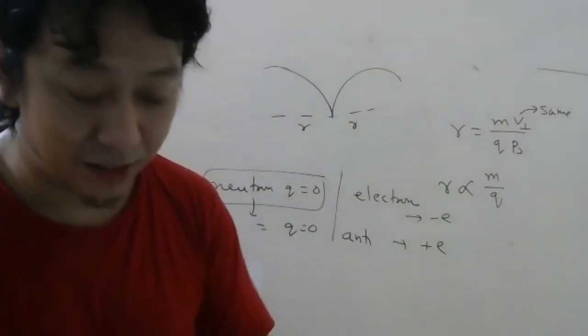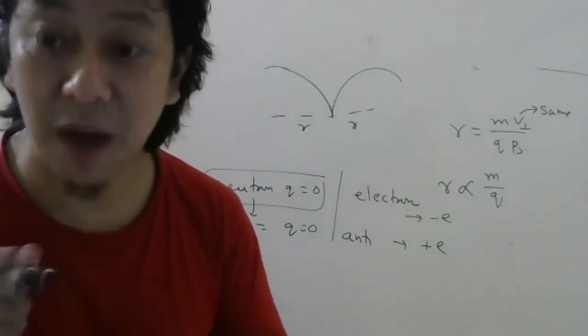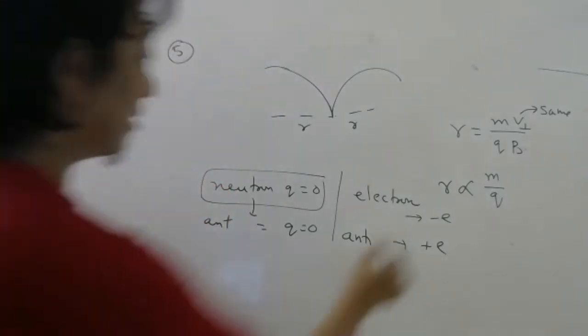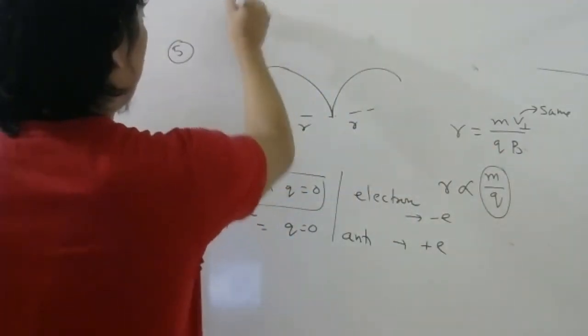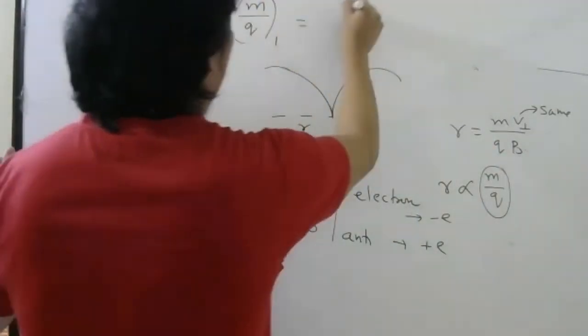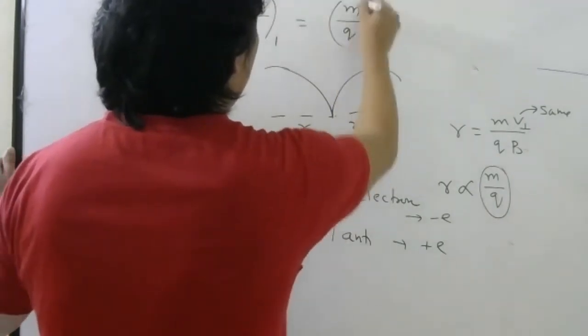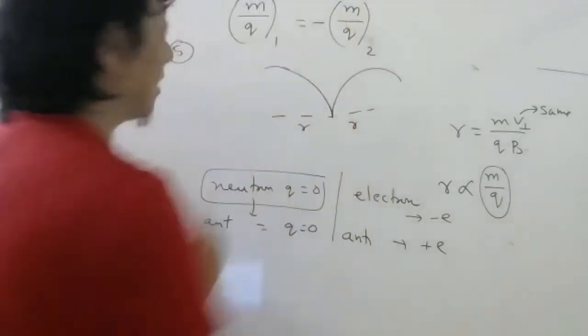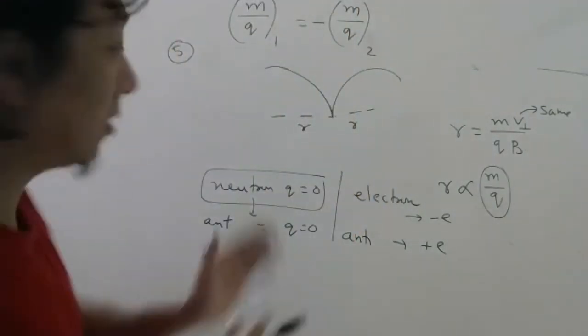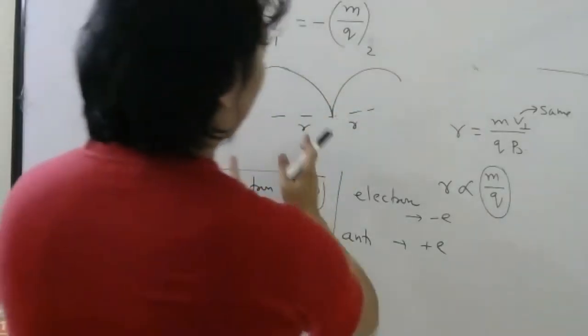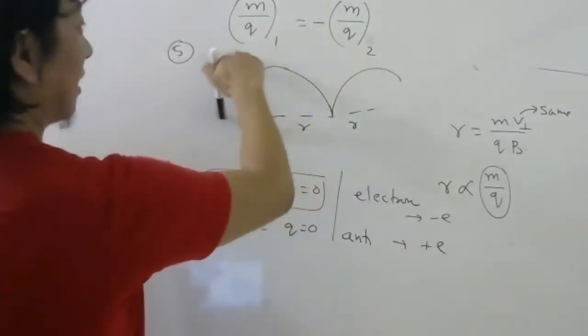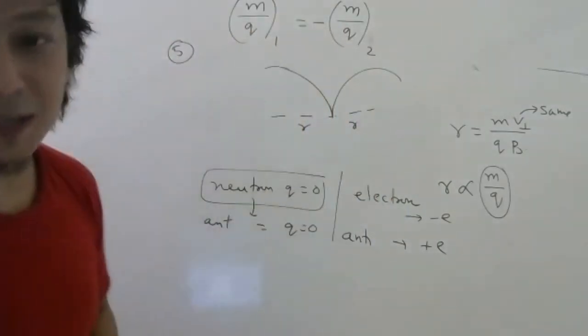So the correct answer is what? The charge to mass ratio should be same for both of them. So m by q for the first one should be same as m by q for the second one, with a minus sign. Why minus? So that if one charge is negative, the other charge is positive. Bring it this side and make it equal to 0.